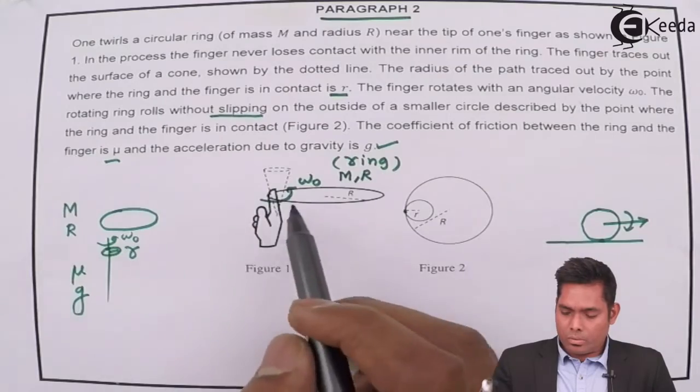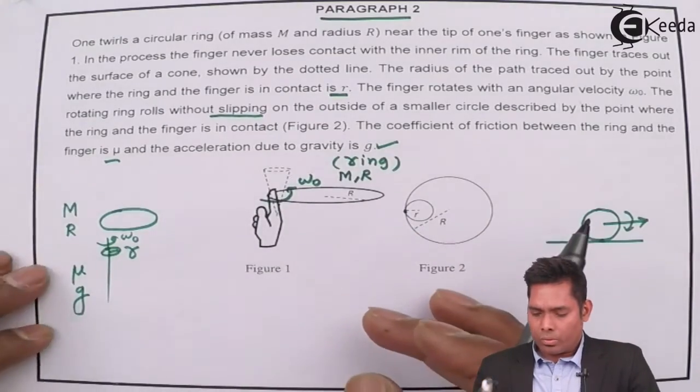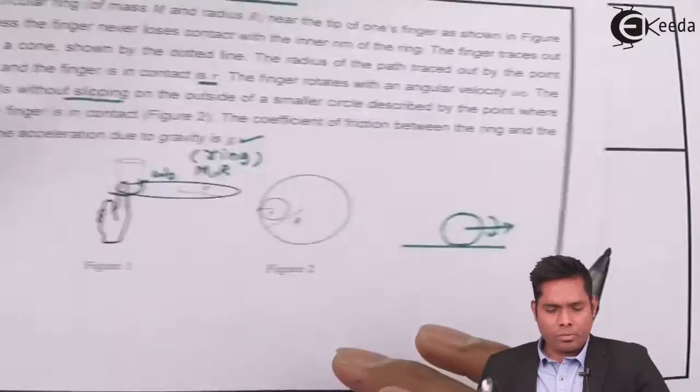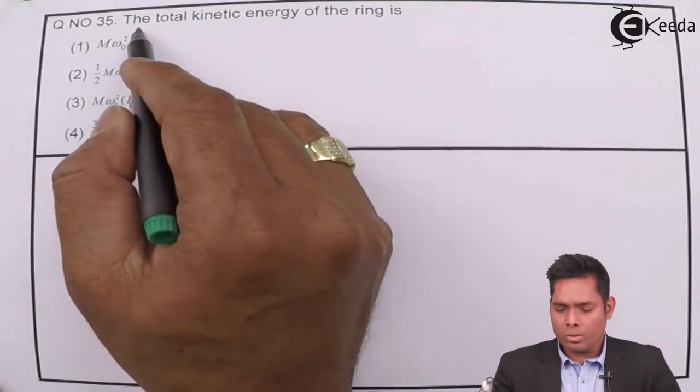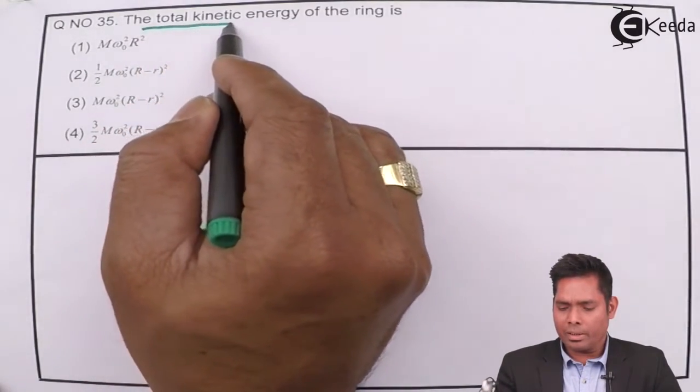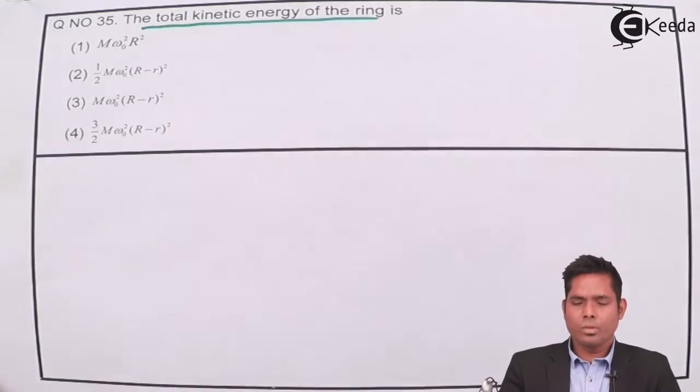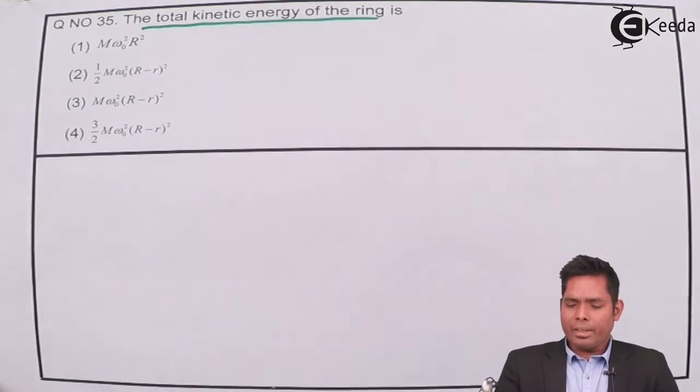Now we have to find the total kinetic energy of the ring. Total kinetic energy of the ring we have to find, because the ring is rolling.